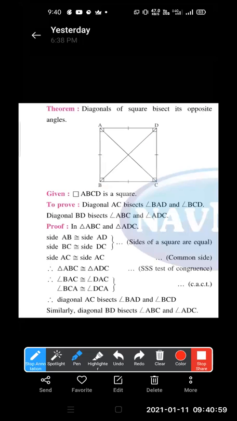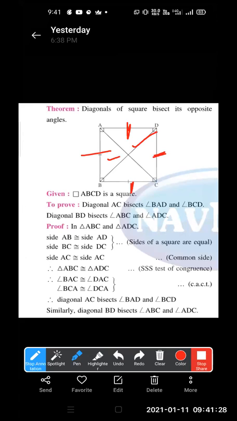If you consider triangle ABC and triangle ADC, you can see that side AB is congruent to side AD, and similarly BC is congruent to DC.